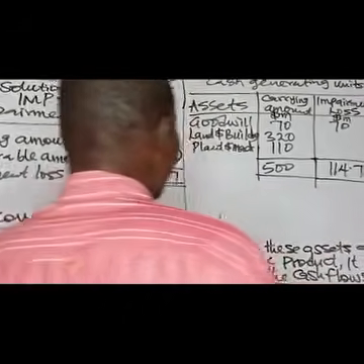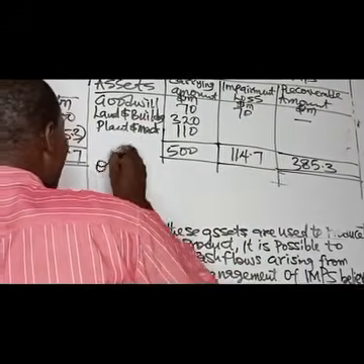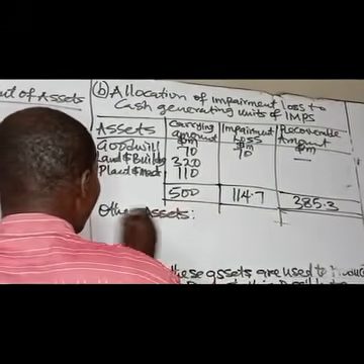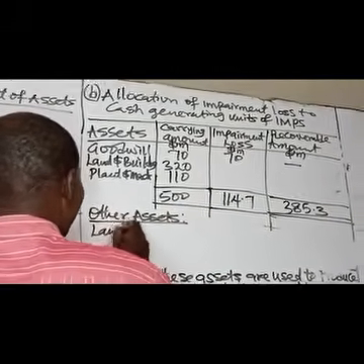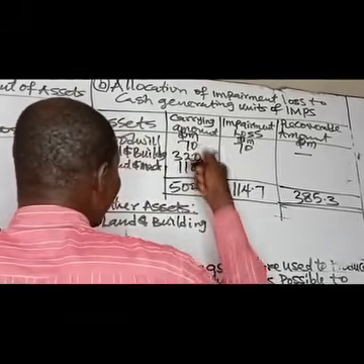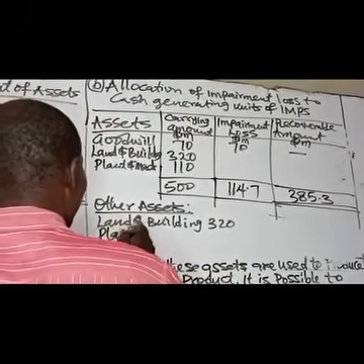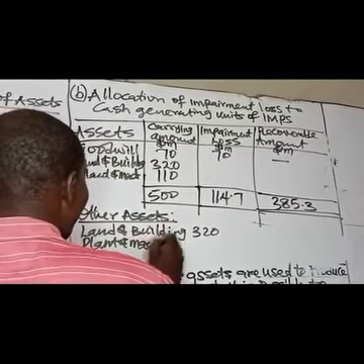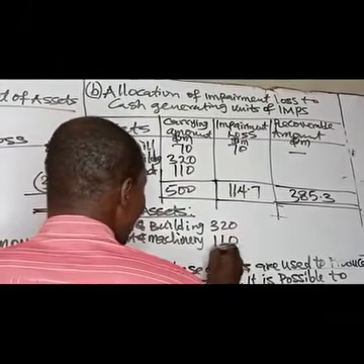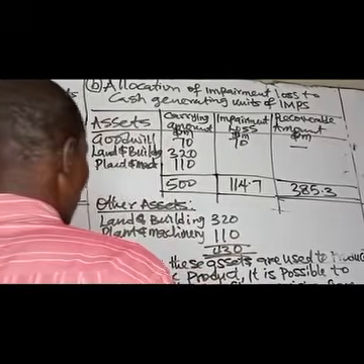The other assets in this case include land and building, with a carrying amount of 320, and plant and machinery, with a carrying amount of 110. The total of the two is 430.